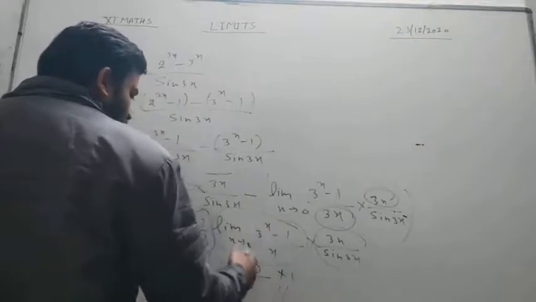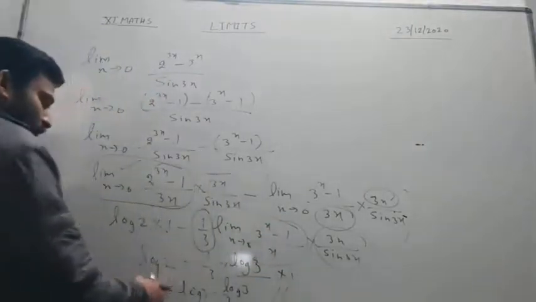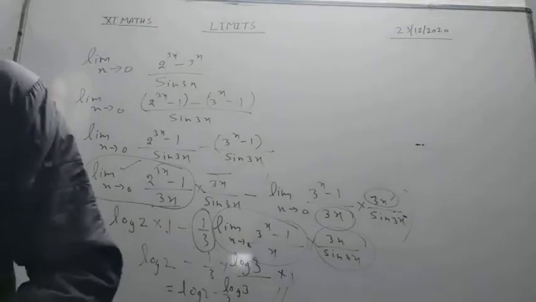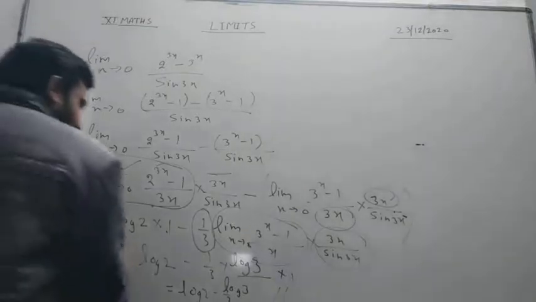So we can write this as 1 by 3, and this term is log 3. Okay student, now log 2 minus 1 by 3 log 3 will be our required result. I hope you understand. Let's see another question.